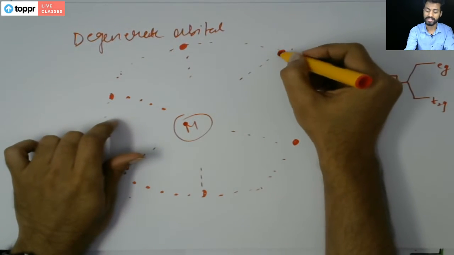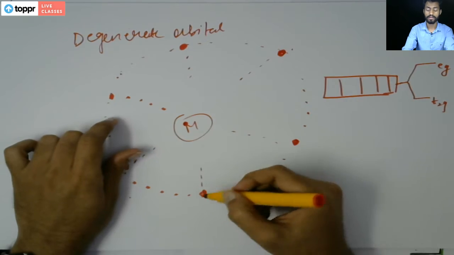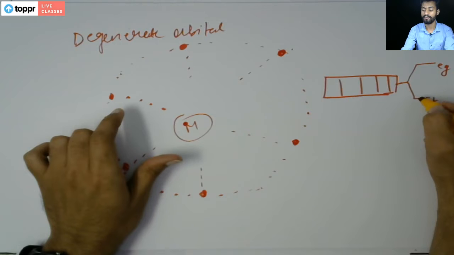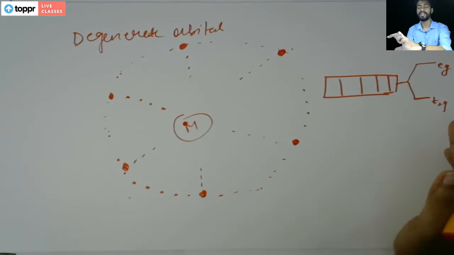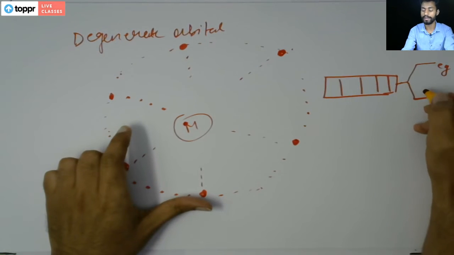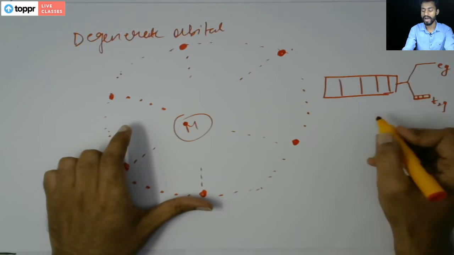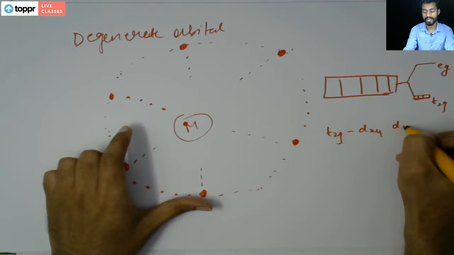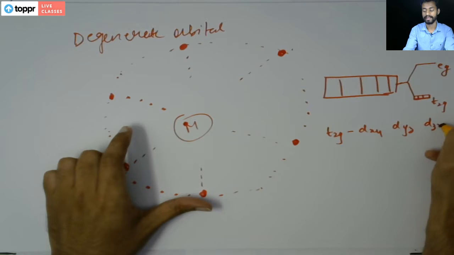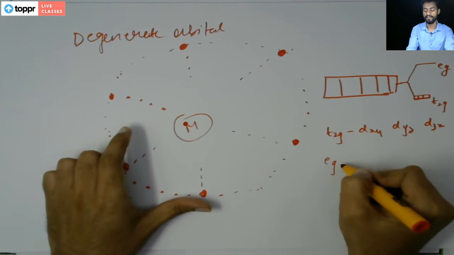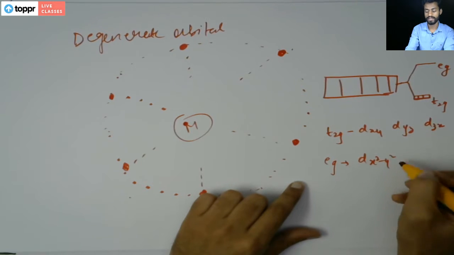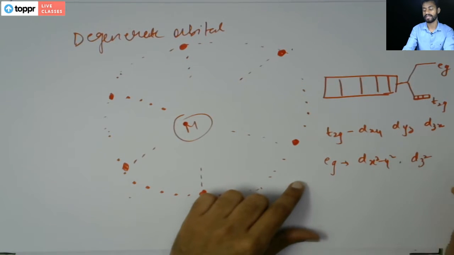Depending on whether these point charges approach from the planes or along the axis, it will split into 2 different sets. T2G has all the orbitals along the planes, dxy, dyz and dzx, while EG has all the orbitals along the axis, dx square minus y square and dz square.